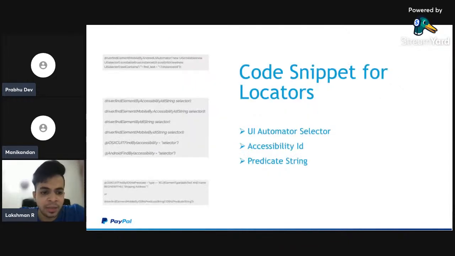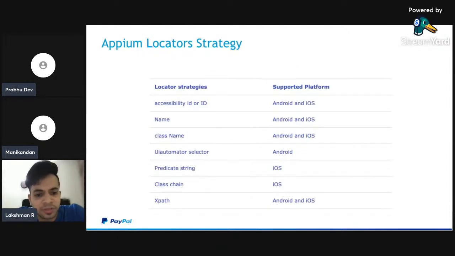Accessibility ID is commonly used for iOS-based applications as well as Android. This locator is recognized as an attribute, which we call content-desc. This is one of the best strategies for both Android and iOS, because it is the same for both platforms.